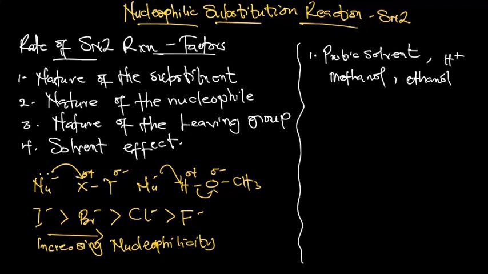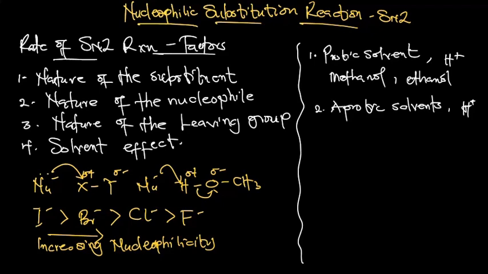All right. So we also have some solvents that can actually help in the SN2 mechanism, and these are aprotic solvents. For aprotic solvents, it means that we don't have protons available.